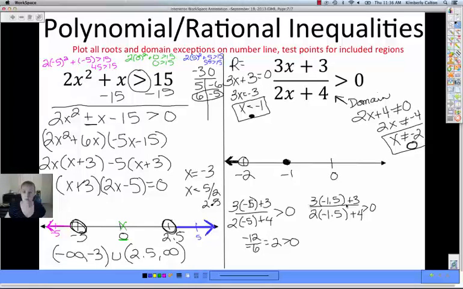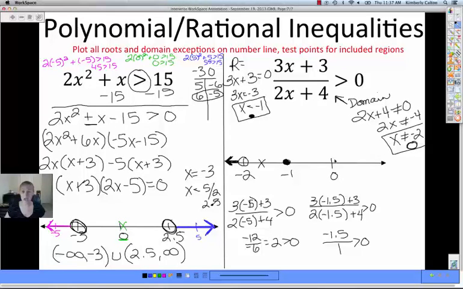So on the top, when I do 3 times negative 1.5 plus 3, I'm going to get negative 1.5. And on the bottom, 2 times negative 1.5 plus 4 is 1. So I know that if I have a negative over a positive, this is a negative number. So this section should not be shaded.